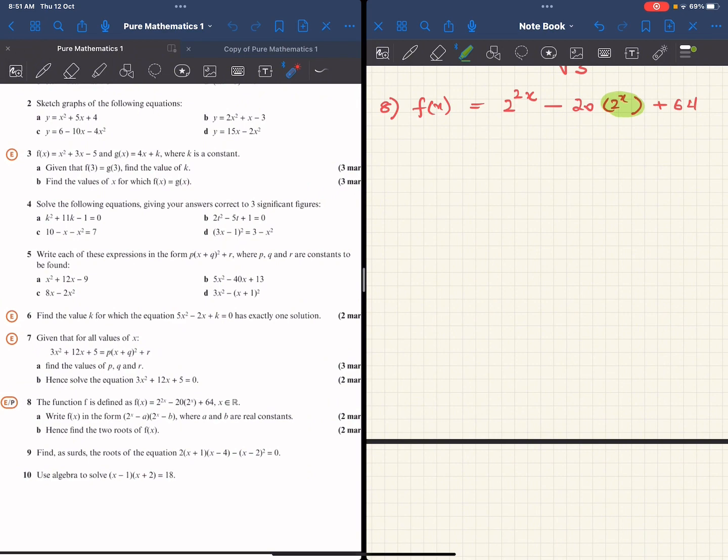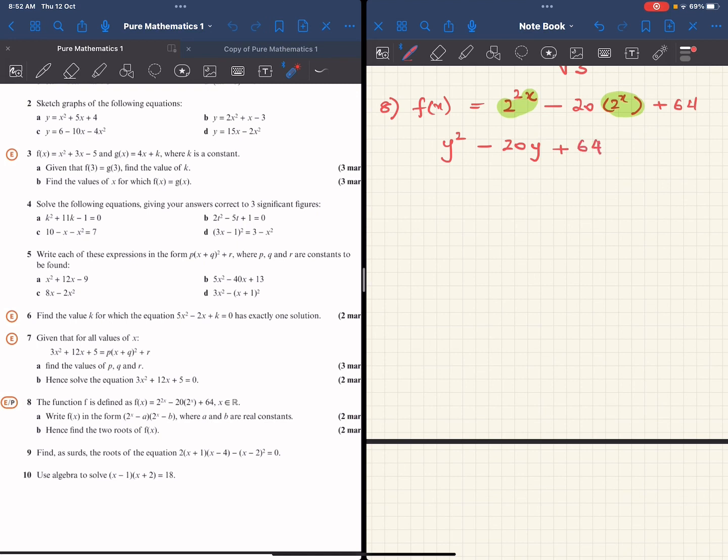So here also I have 2 to the power of x. So if 2 to the power of x is y, then this becomes my y, and then I have a square. So this becomes y squared minus 20y plus 64.